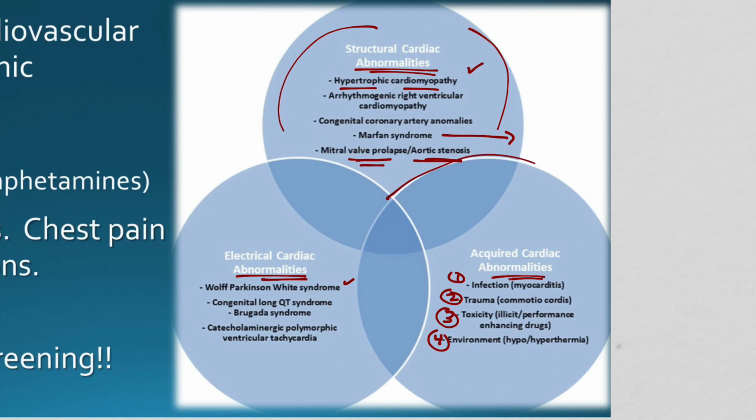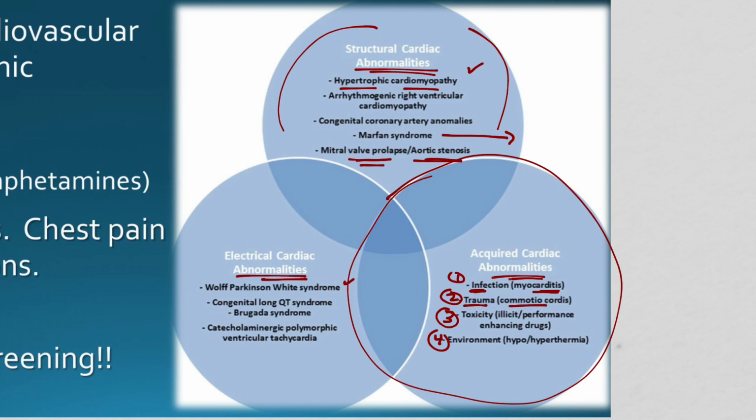But where we're going to spend most of our time as clinicians is in the acquired cardiac abnormalities region. So someone who has an infection of some sort, so a myocarditis, or an inflammation of the myocardium, which surrounds the actual heart and can be life-threatening. Trauma, we just saw, right, the Hamlin injury where we had a direct blow to the chest, and most likely that patient was suffering from commotio cordis.